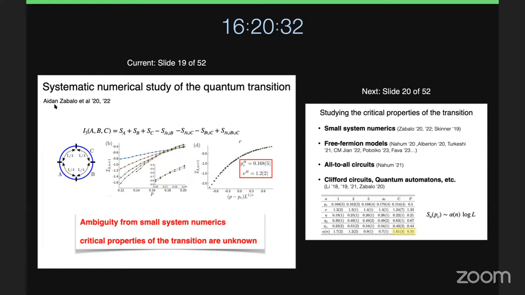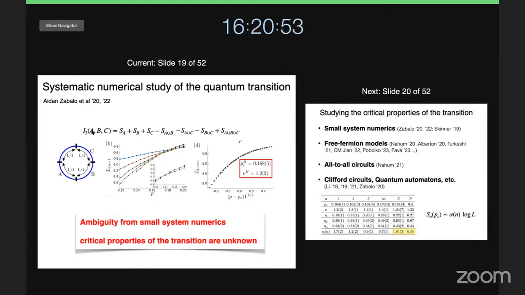Sorry, not quantum, the critical point. And they use something that people who look at the numerics of topologically ordered states use to extract this topological term. They looked at some multipartite mutual information, this I3.